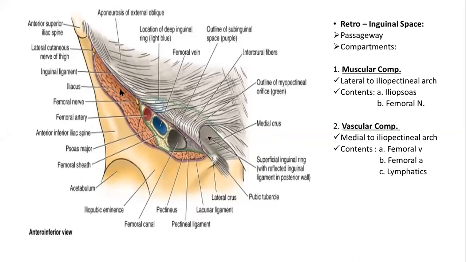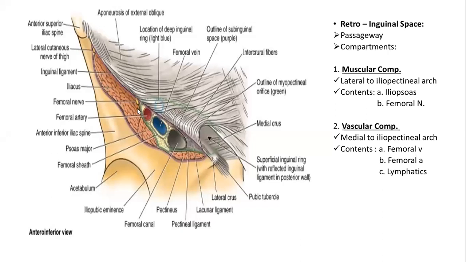The muscular compartment contains iliopsoas muscle and femoral nerve. Here you can see the femoral nerve, and this is the iliacus muscle along with the psoas major coming from the posterior abdominal wall. And this small yellowish structure you can identify just beneath the inguinal ligament is the femoral nerve, which is present within this muscular compartment lateral to iliopectineal arch.